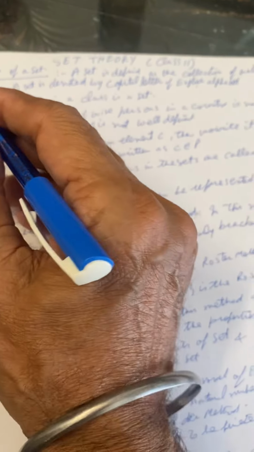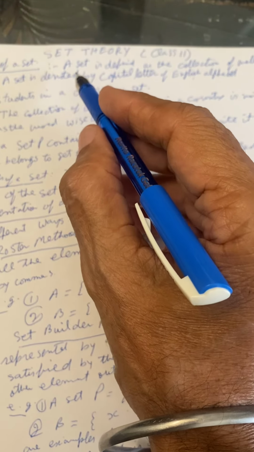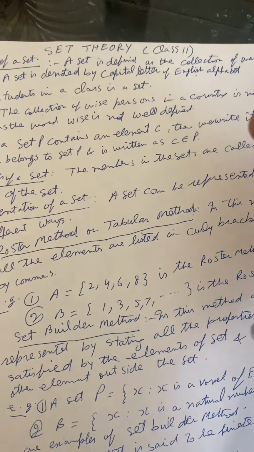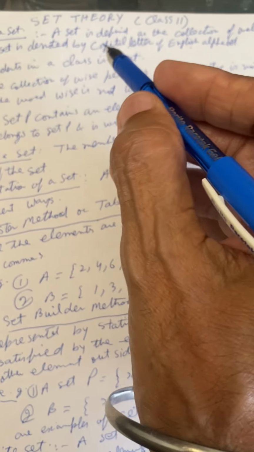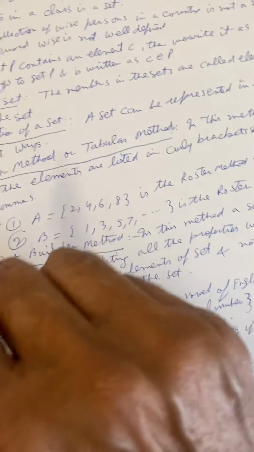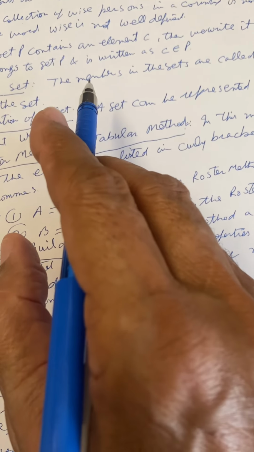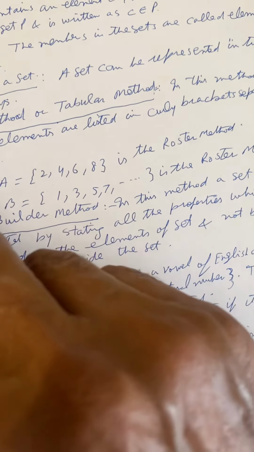So let us start. First of all, we started with the definition of a set. A set is defined as the collection of well-defined different objects. A set is denoted by a capital letter of the English alphabet. Then elements of a set. The members in the set are called elements of the set.